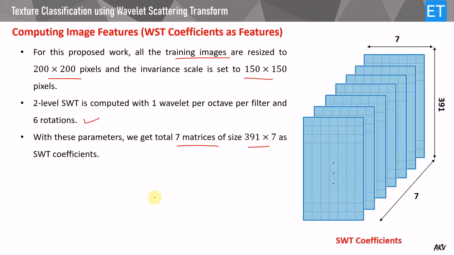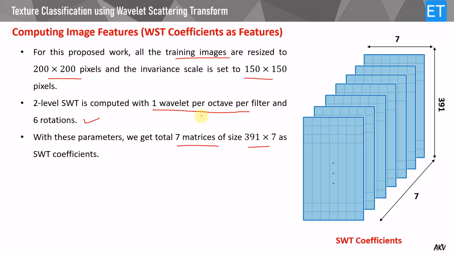So this is what I have shown. My input is one image of size 200 by 200 pixels. After the scattering transform, I get these 7 matrices of size 391 by 7. This is obtained only when you use 1 wavelet per octave per filter with 6 rotations.